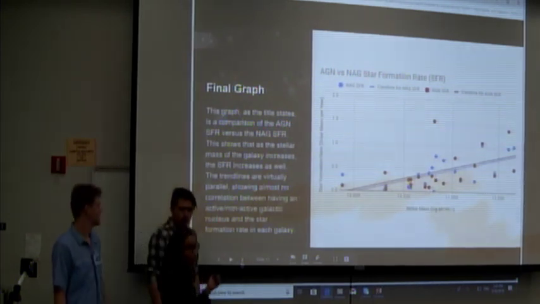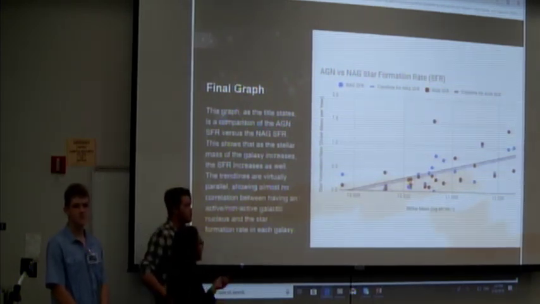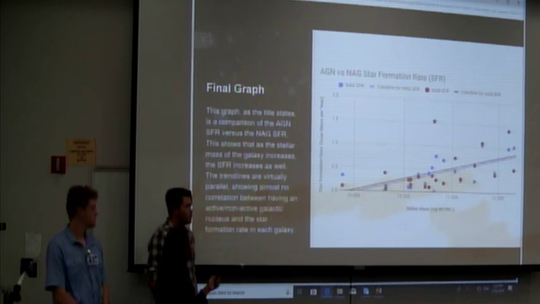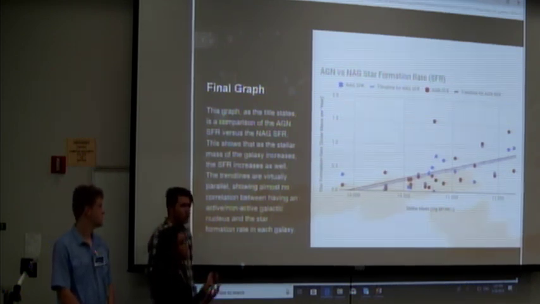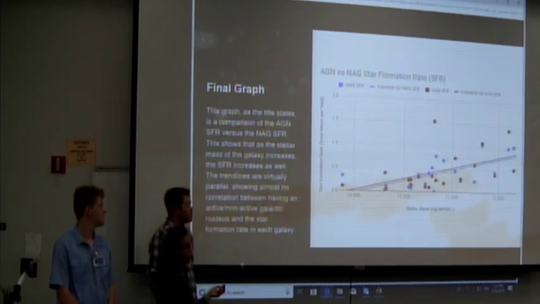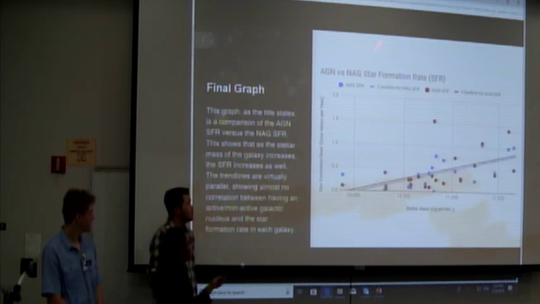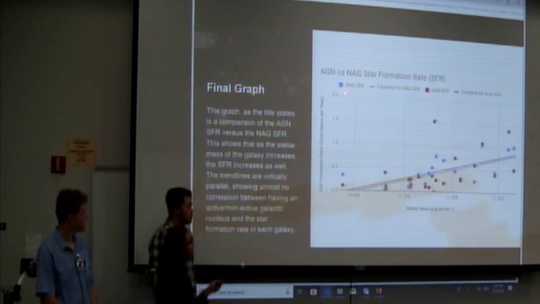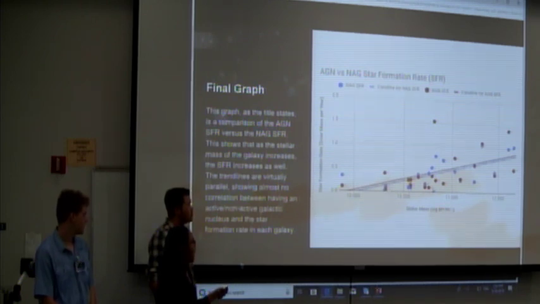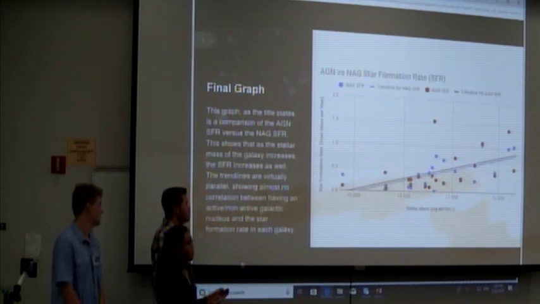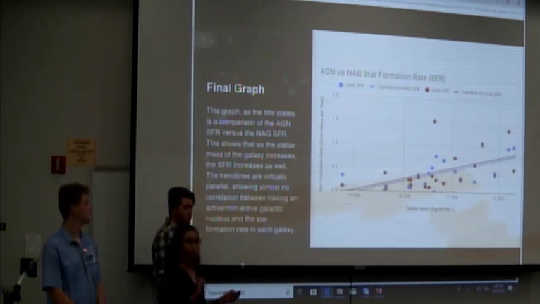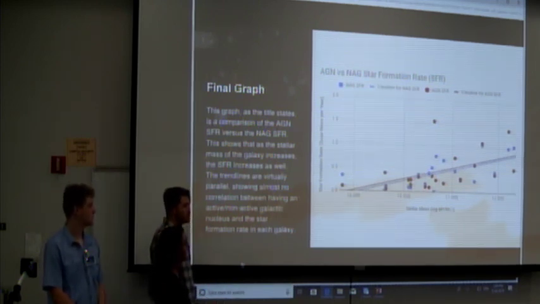Okay, so as you can see from this graph, as the title states, it is a comparison of the active galactic nucleus's star formation rate versus the non-active galaxy's star formation rate. The blue represents the non-active galaxy's star formation rate, and over here is the red dot, which represents the active galactic nucleus's star formation rate.